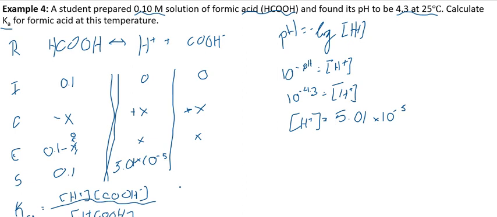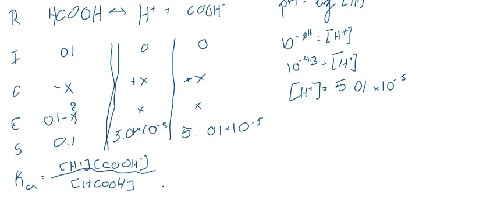And because my H+ and my COOH- concentrations both start at 0 and change by a factor of x, their equilibrium concentration is the same. So I have also solved for my concentration of my conjugate base. Awesome. Now I have everything I need.